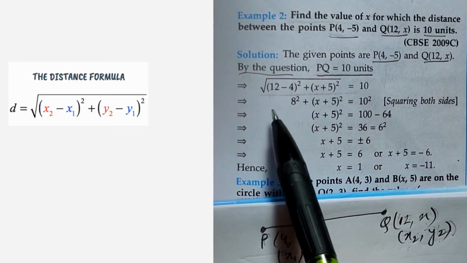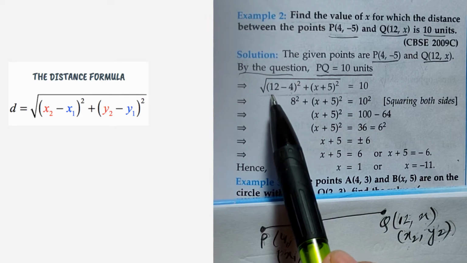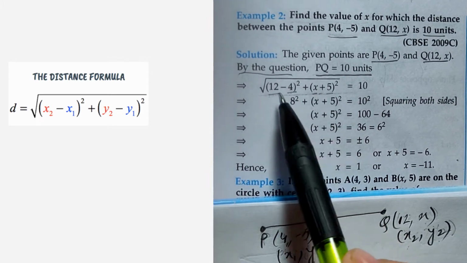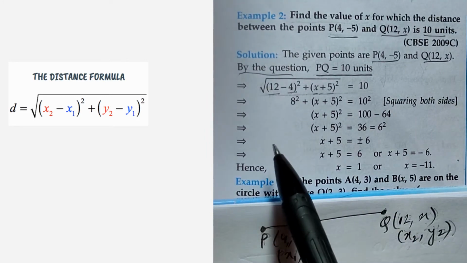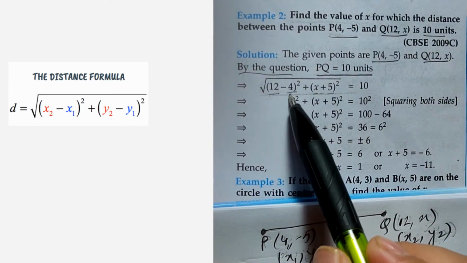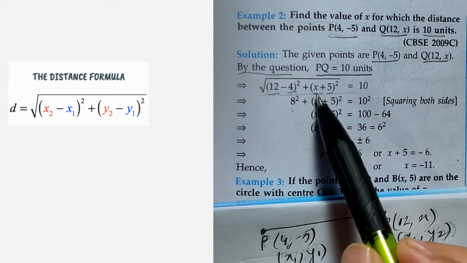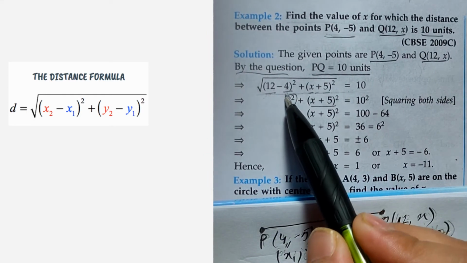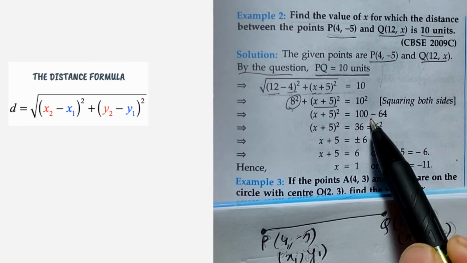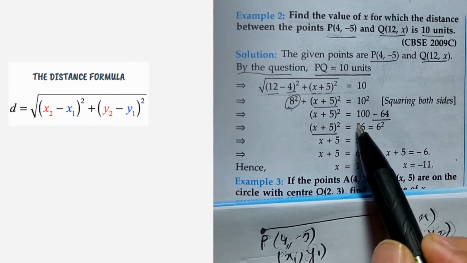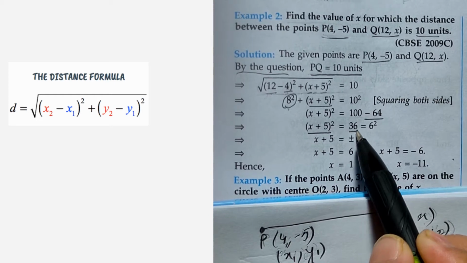So substituting in the formula, we get the square root of (12 minus 4) squared plus (x plus 5) squared is equal to 10. Now 12 minus 4 is 8, x plus 5 remains as it is, 8 squared is 64, taken to this side becomes minus 64, so (x plus 5) whole squared is equal to 36.